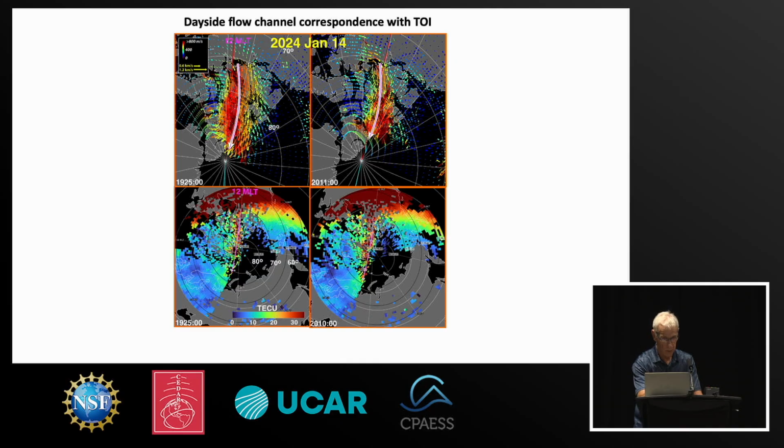The correlation between the two just entertained me. I don't know if that's important or not, but I thought it was cool to see. The flow channel is so nice, isolated and localized, and the TEC just follows right along, giving you the tongue of ionization, just at a random time, nothing significant in terms of storm or anything.